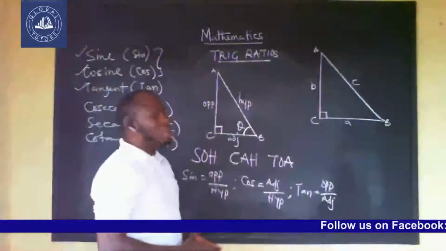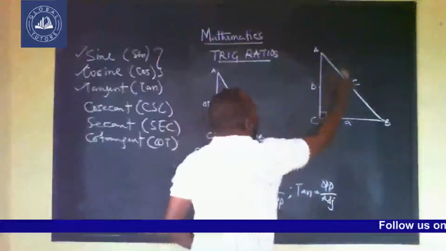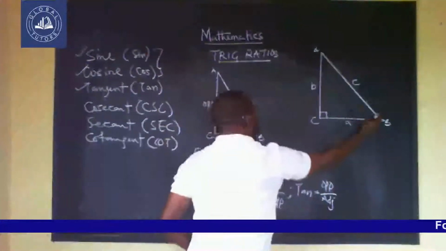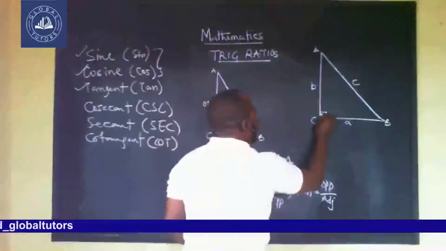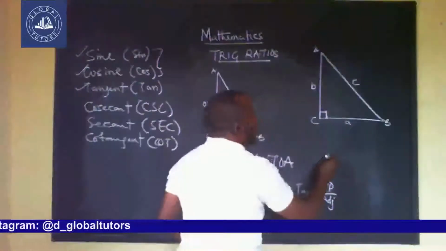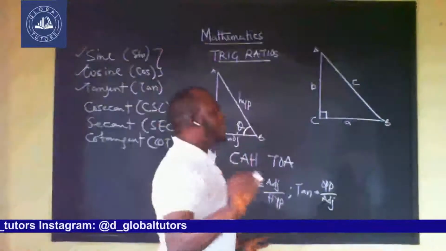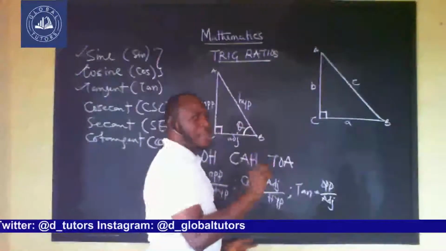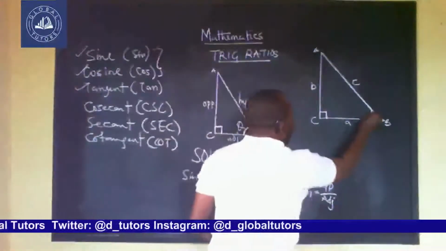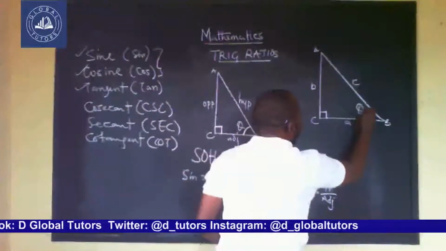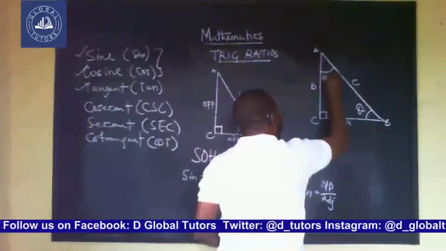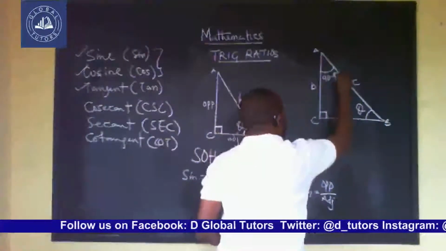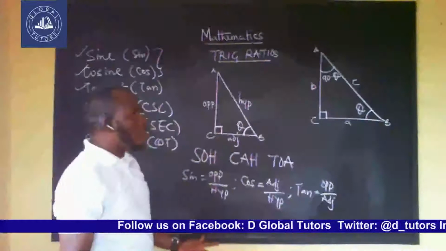If we go back to geometry, the sum of angles in a triangle equals 180 degrees. Now, we said this is 90 degrees. So 180 minus 90 will give us 90. So if we consider this angle as theta, it follows therefore that this angle will be what? 90 minus theta.